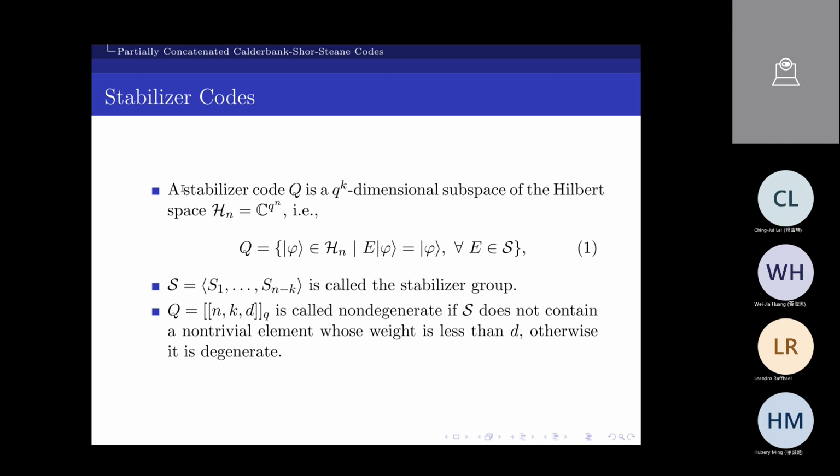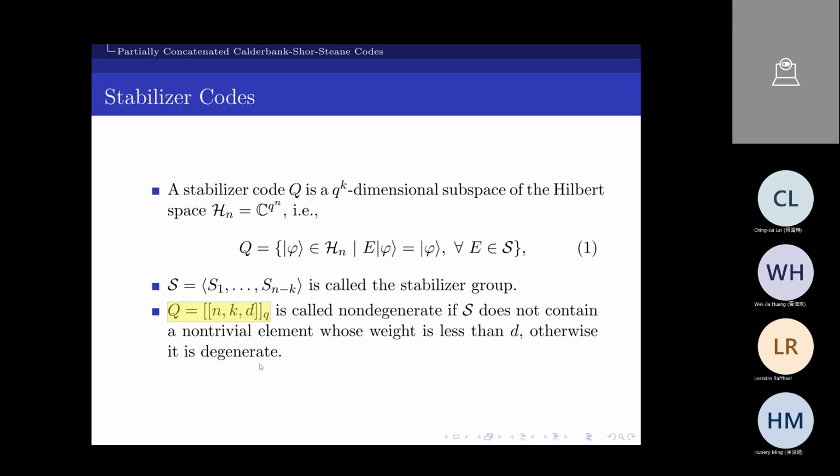A stabilizer code is a 2^k dimensional subspace of the Hilbert space, and here is the definition of a stabilizer code. The group S is called the stabilizer group. And the quantum code Q is called non-degenerate if S does not contain a non-trivial element whose weight is less than d.